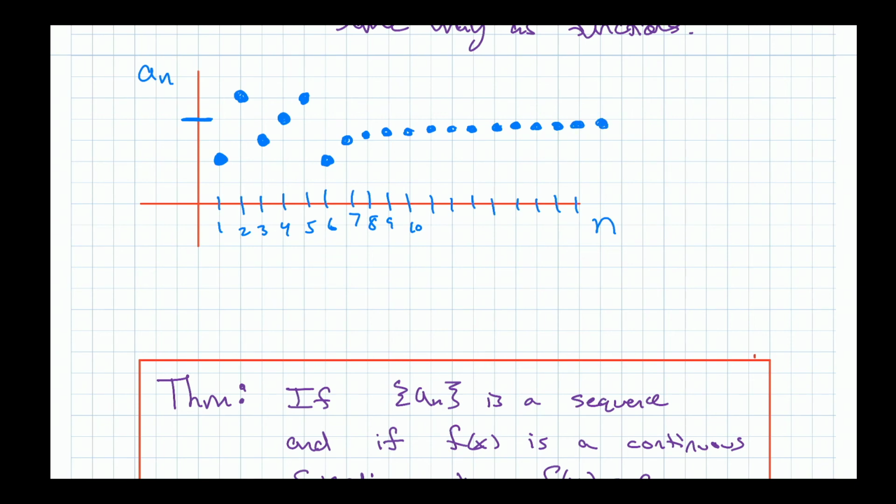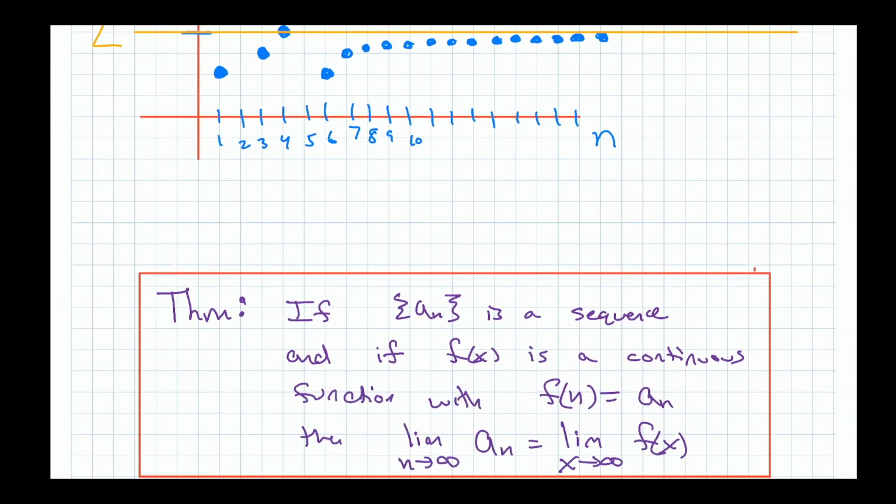Okay, so maybe this is a graph of my sequence. Okay, and what I was trying to draw there was, like, as we head out to the right, the a_n's are getting closer and closer to some value L on the y-axis, right? And so if that happens, that's what we mean when we talk about the limit of a sequence.